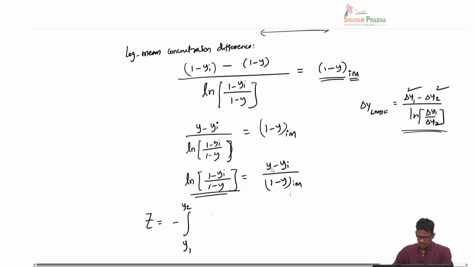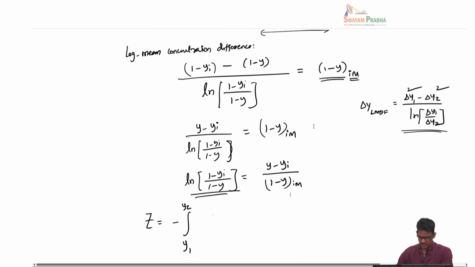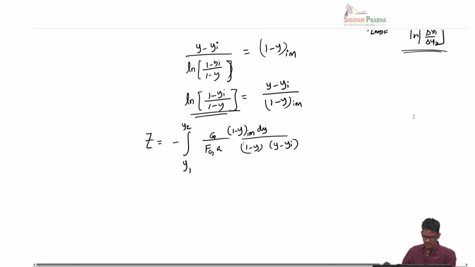So we'll go back here. G by FGa, dy, (1 minus y) minus yi. So now I can absorb the minus sign in the integral.